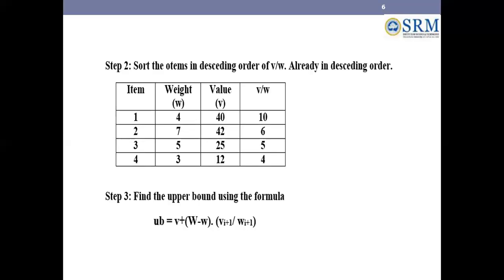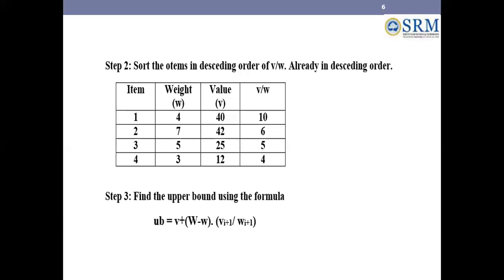Second step: sort the items in descending order of V by W, maximum value first. It's already in descending order, so no need to sort: 10, 6, 5, 4.